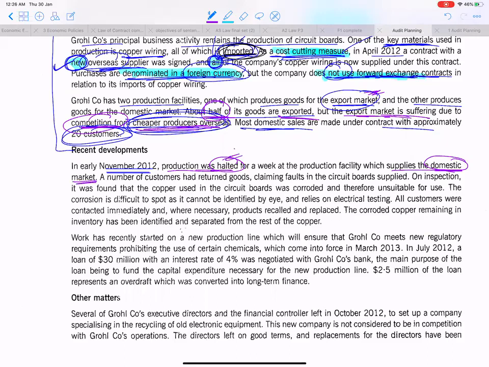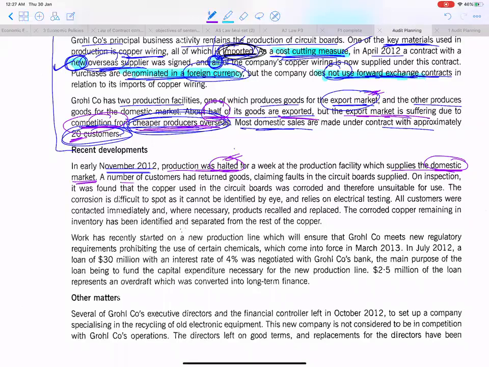The domestic market is only 20 customers, and when you halted the production, some of your customers may switch.